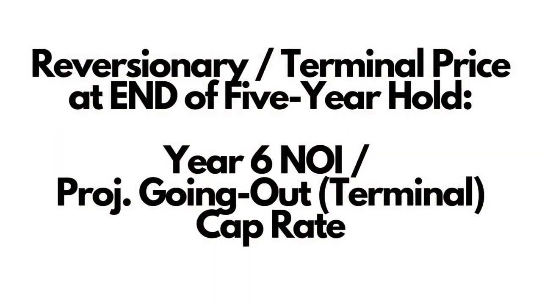So, by the way, the terminal price is a sales or reversionary price, the sale price at the end. And you determine that by using the terminal cap rate and the cash flow for the projected year following the anticipated sale. So in this case, if we were projecting a 5-year hold, it was year 6.